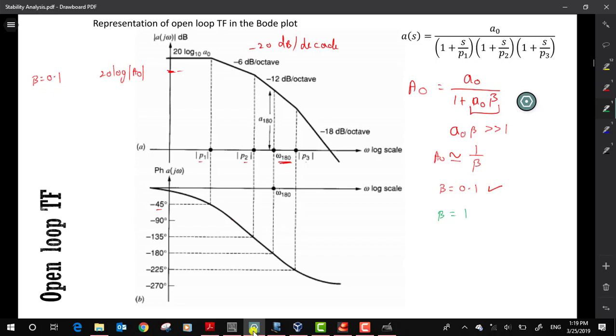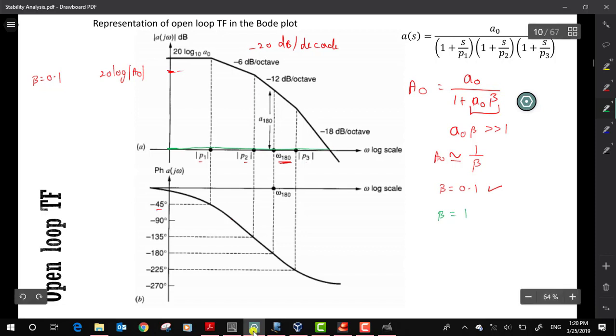Yes? So what I am plotting here is in terms of dB, right? Yeah. So what happens to 20 log of 1 by beta, where beta equals 1? Yeah, it would be 0, right? So for beta equal to 1, the baseline would be this. Okay. So it is at 0 dB, I will be trying to draw this particular line.